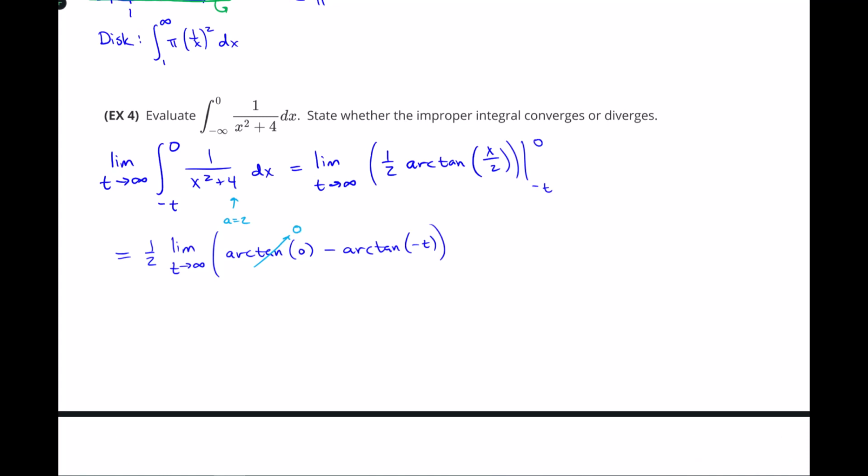The arctangent of negative t, you might have to grab your graphing calculator to see what the graph of arctangent looks like. Ultimately, it looks something like this. You have sort of like an S-curve.